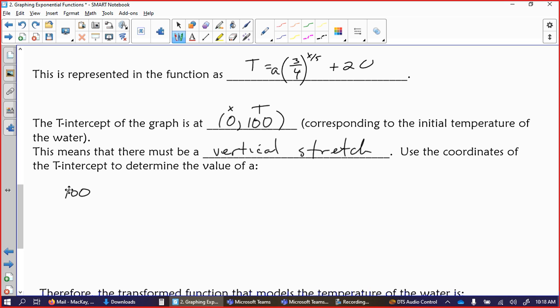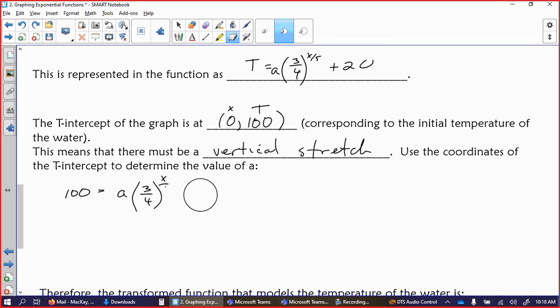So 100 equals a times 3/4 to the 0 over 5 plus 20.